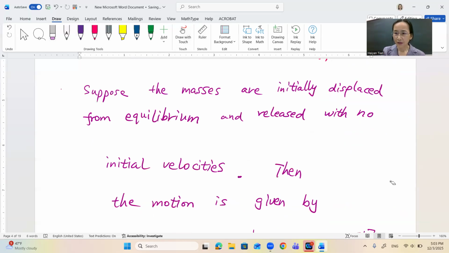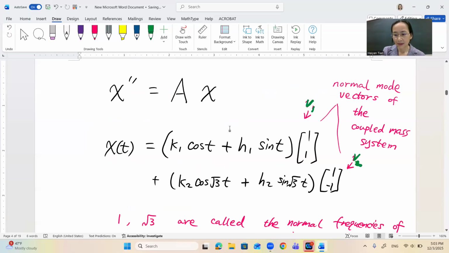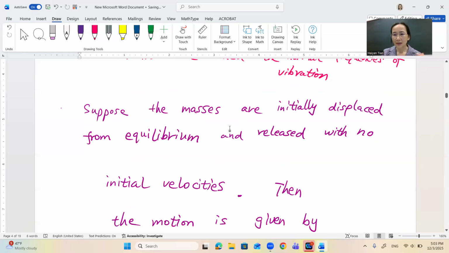And then I want to simplify it a little further. That is, we suppose the two masses are initially displaced from equilibrium positions and released with no initial velocities. So when they're displaced, they will start to move and to vibrate, left and right, the two bodies, but without initial velocity.